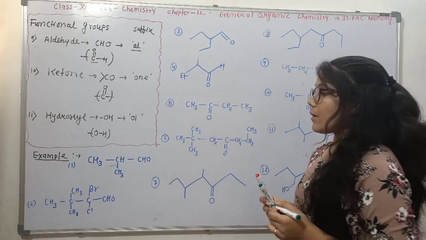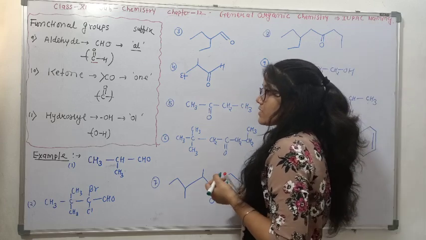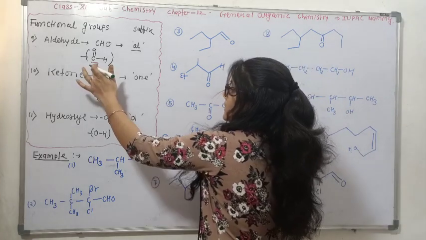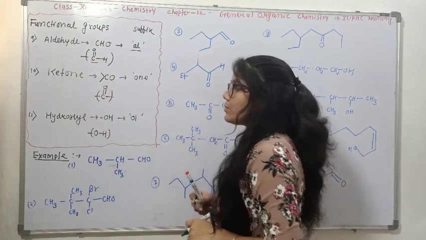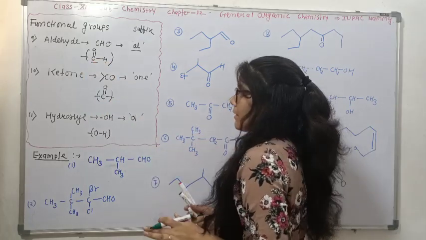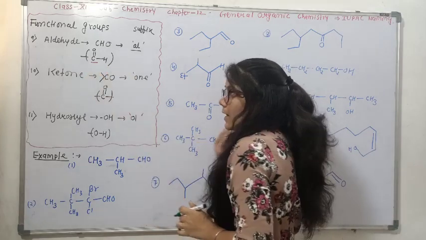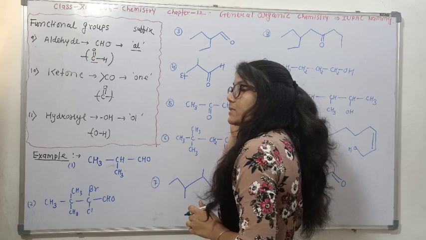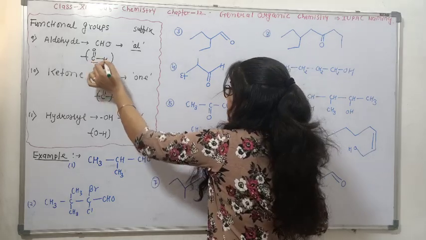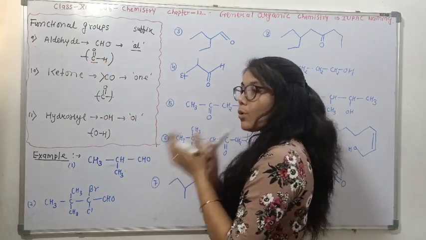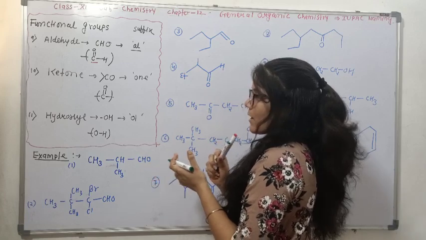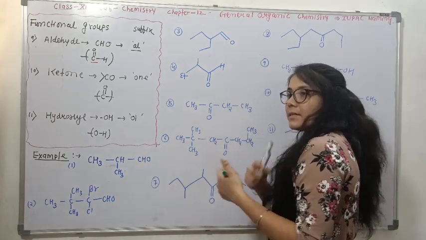Now see the next functional group, which is ketone, and you can see aldehyde and ketone are both the same. The difference is the valency of the aldehyde carbon is satisfied by hydrogen, while in the ketone both valencies are satisfied by alkyl groups in the chain.